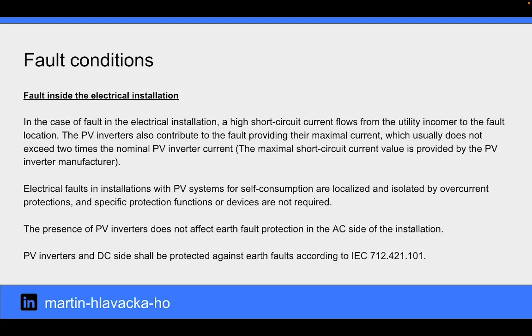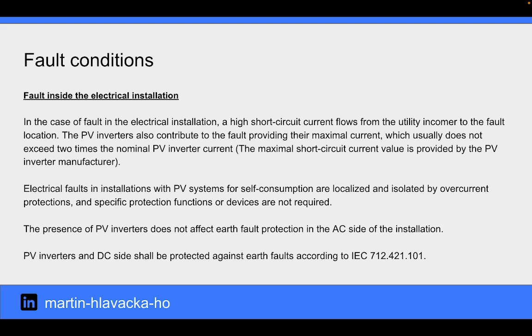In the case of fault in the electrical installation, a high short circuit current flows from the utility incomer to the fault location. The PV inverters also contribute to the fault providing their maximal current, which usually does not exceed 2 times the nominal PV inverter current.